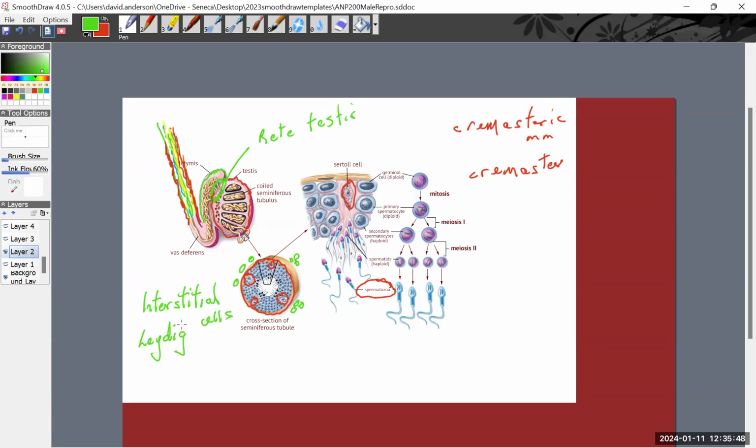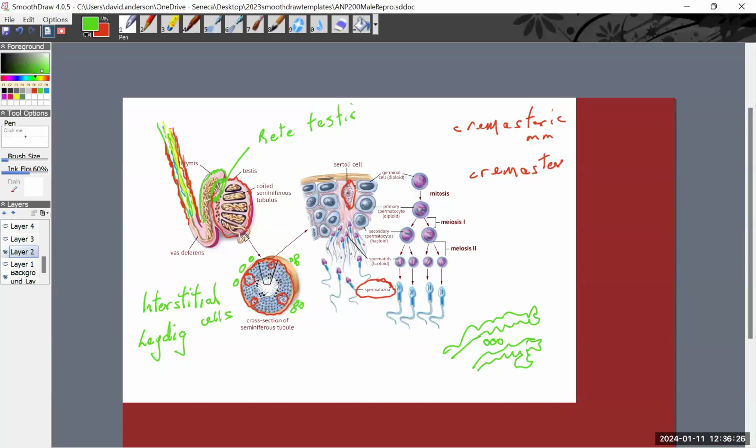So they're sometimes just called Leydig cells, but interstitial cells of Leydig indicate, or if you call them interstitial cells, then you recognize that they're going to be outside of the seminiferous tubules, and more specifically between the seminiferous tubules. So if we had a seminiferous tubule here and another seminiferous tubule here, then the interstitial cells would be found between them. So the Sertoli cells are within the seminiferous tubule, and the interstitial cells are outside of the seminiferous tubules.